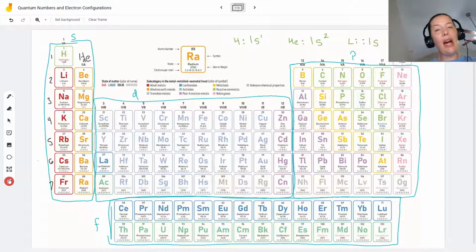Then I count how many atoms I see in that block, and I see 1, 2, and then that maxes me out. I can't put any more than 2 electrons in that 1s orbital, but I haven't gotten to lithium yet. Basically, I've marked out hydrogen and helium, but now I've got to get to lithium. Well, for lithium we move down to our second row, so now I have a 2, but it's still in the s block, so it is the 2s. How many electrons?